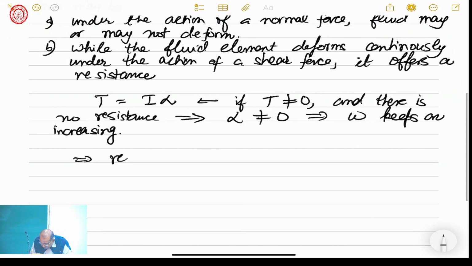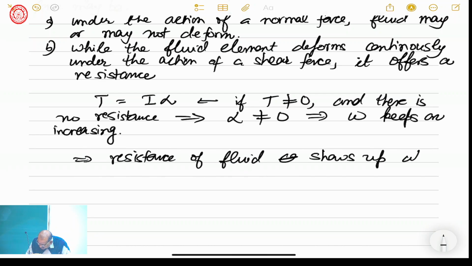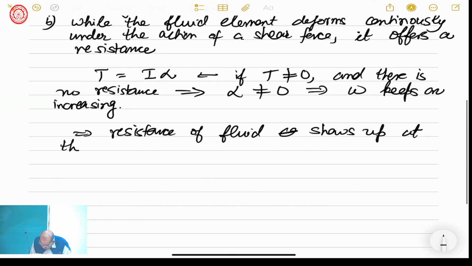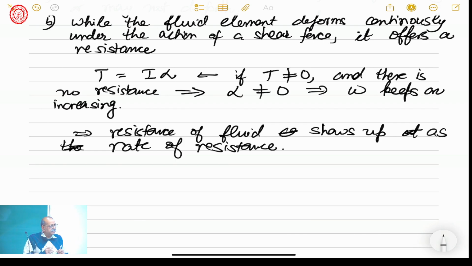So what this implies is that the resistance of the fluid shows up at the or as rate of resistance.